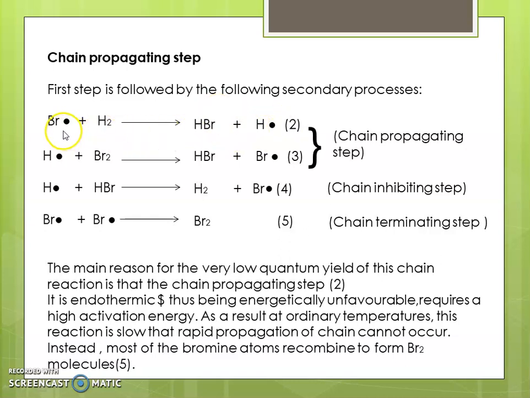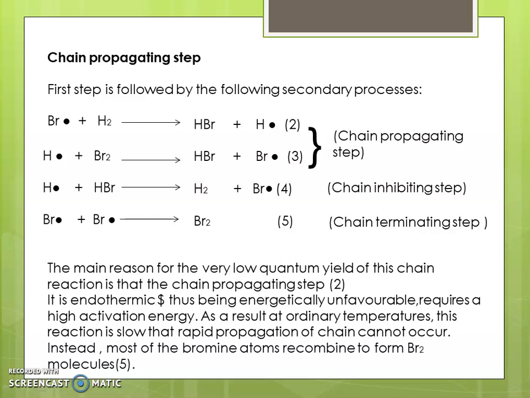It is here Br radical plus H2 giving HBr plus H radical, which is an endothermic reaction. An endothermic reaction is a reaction in which heat energy is absorbed. Hence, to continue the reaction, we have to supply more energy.